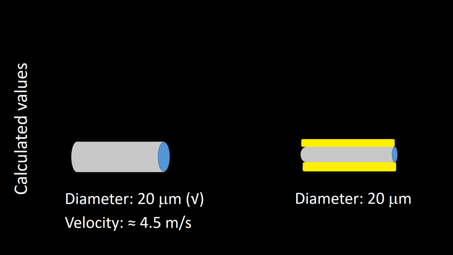Using this factor, the calculated conduction velocity of a 20 micrometer unmyelinated axon is 4.5 meters per second. A myelinated axon of the same size will conduct at 120 meters per second. As you recall from the previous question, the conduction of a myelinated axon increases by a factor of 6 for each micrometer.